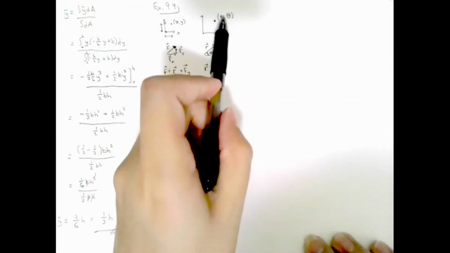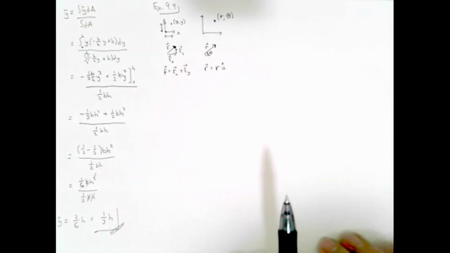So instead of using x and y coordinates, I can use radius and angle coordinates, r and theta coordinates. And that's essentially the polar coordinate system. It allows us to view elements in terms of r and theta rather than in terms of x and y.